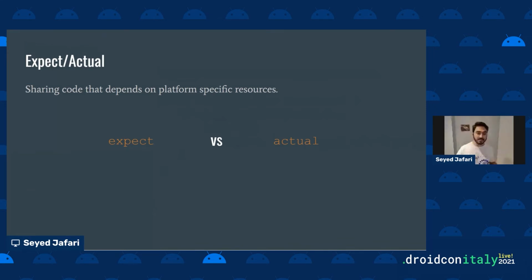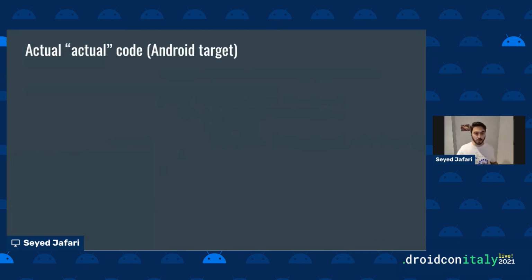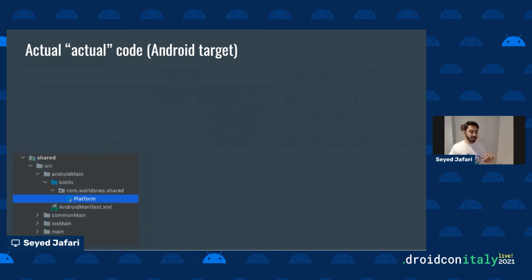So in our case, we had an expected Platform class. Intuitively, we should look for the actual implementation of that class, right? So the first place we jump to is Android main, because there should be an implementation in the Android main. Actually, KMP forces you to implement it.